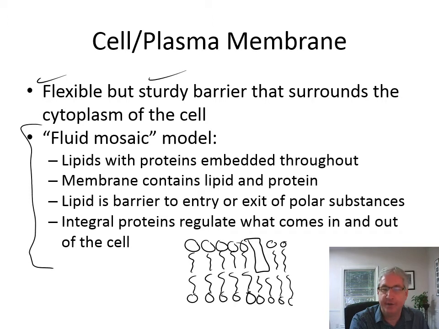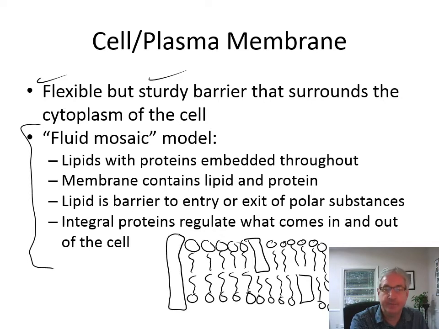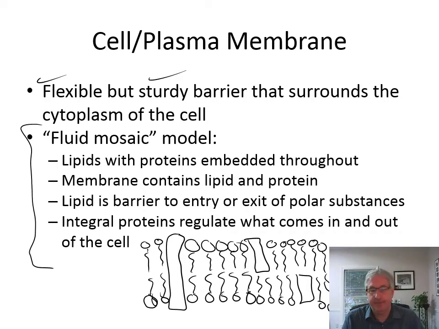And it can be on one side, it can be on the inside, like that, or it can go all the way across. Okay, so if it goes all the way across, it's called a transmembrane protein.